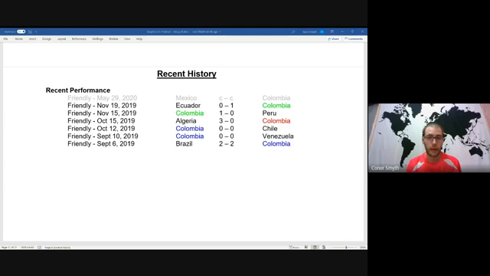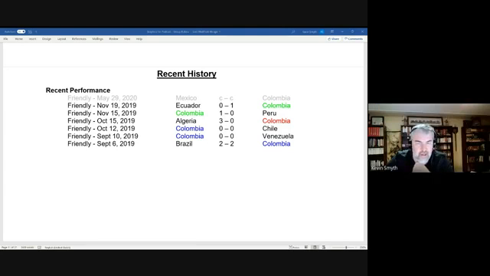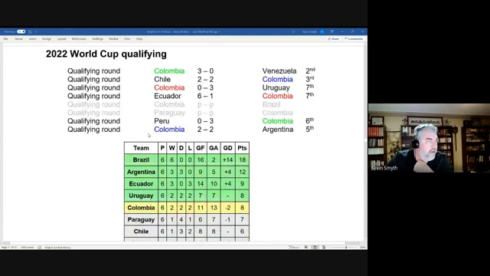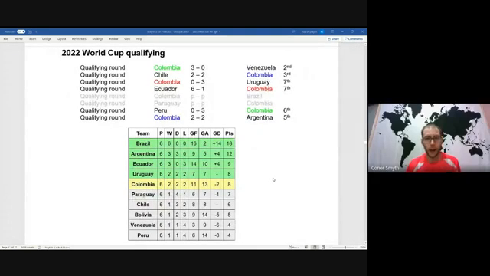All right, well, let's take a look at 2022 World Cup qualifying and see if they've gotten any better since then. Well, in fact, it's been a bit more of the same kind of inconsistent results. From their 6 games, they so far have 2 wins, 2 draws, and 2 losses, which positions them 5th out of the 10 teams after 6 games played.